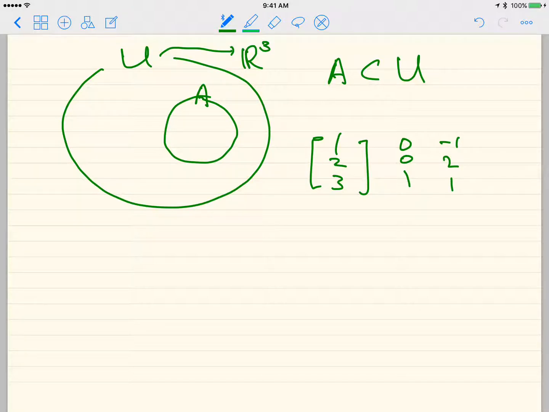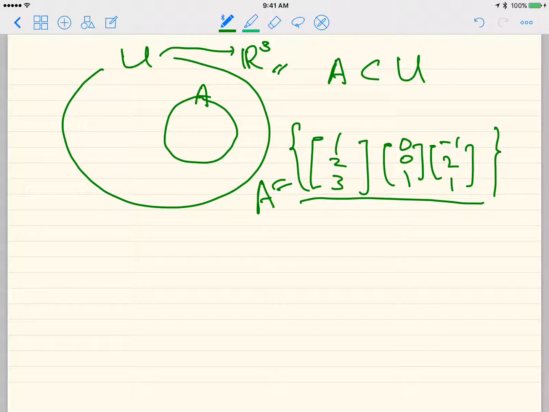So any kind of vector is just a member or element of this universe set. And then you can think about the subset as something like this, right? So this is just a part of your entire set, okay? So this is a subset.